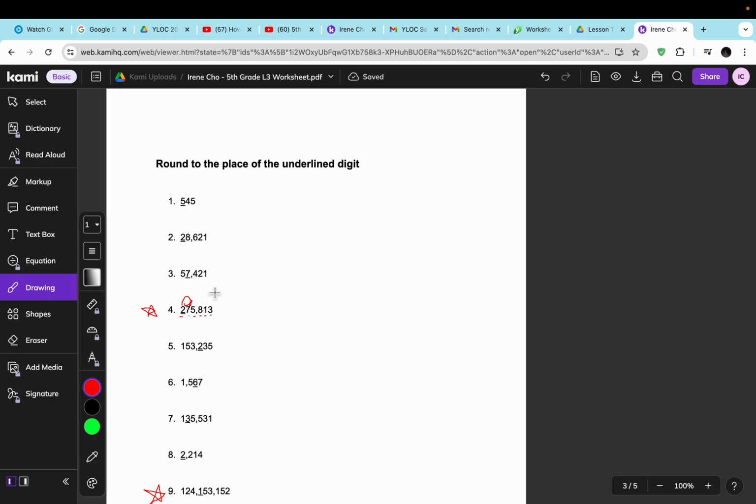If it's 4 and down, you round down, and if it's 5 and up, you round up. And because the number is a 7, we round up. So the number will be 300,000.